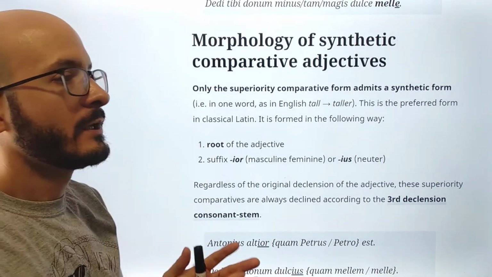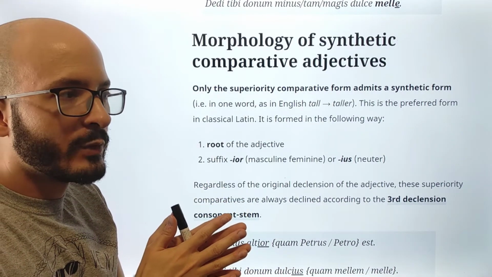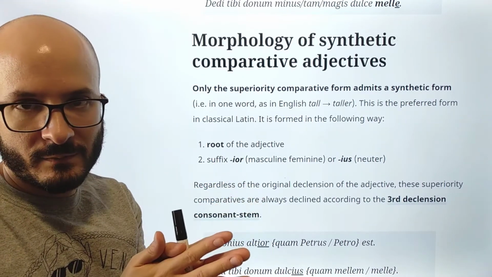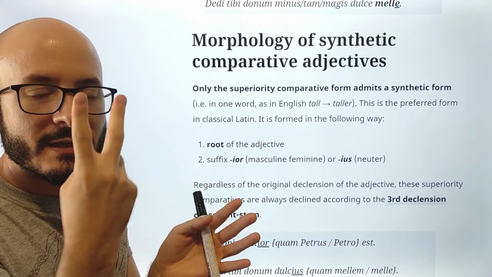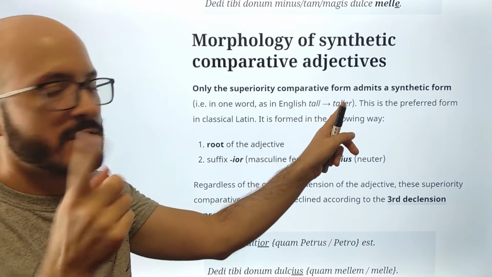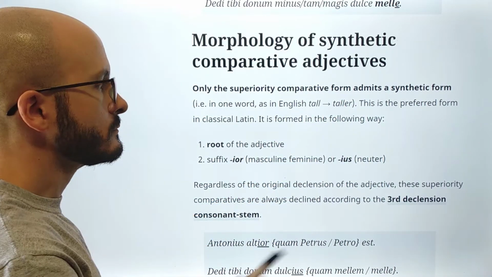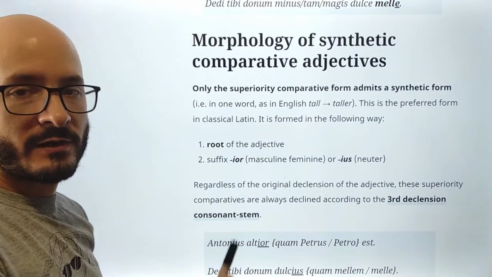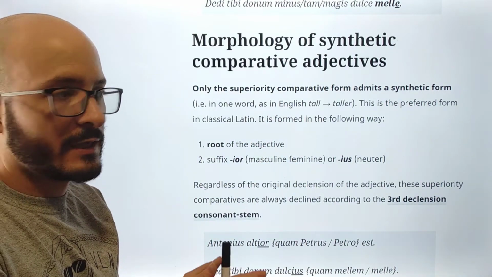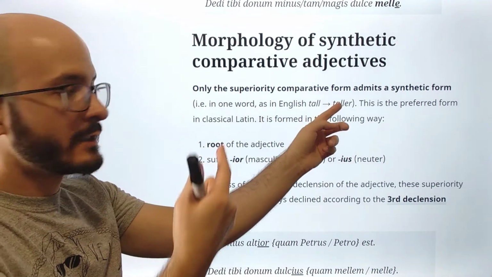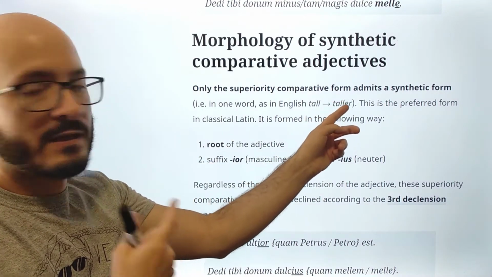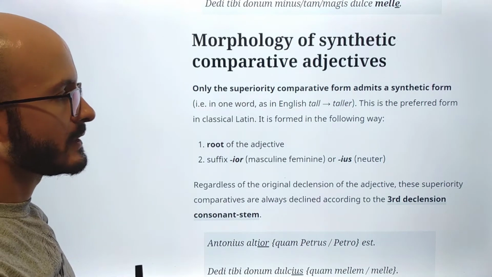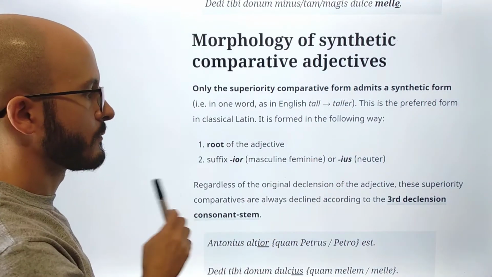But if we say fantastic, we cannot say fantasticer, we have to say more fantastic. Okay, so more fantastic is two words. That's not synthetic. So only the superiority comparative, just like in English. In English, only the superiority can be synthetic. This is the preferred form in classical Latin. It is formed in the following way.